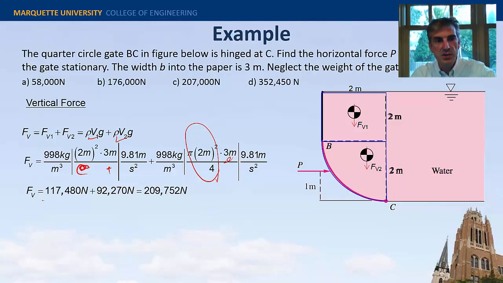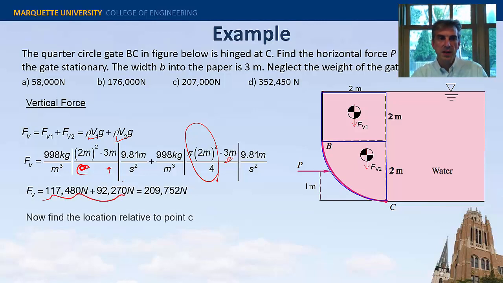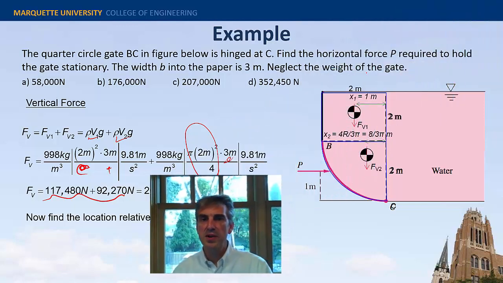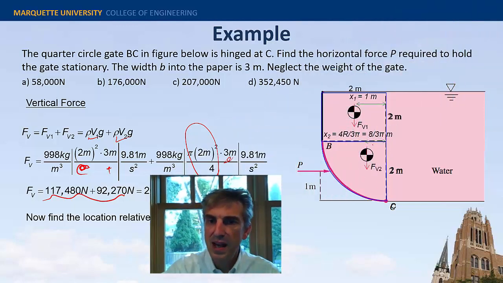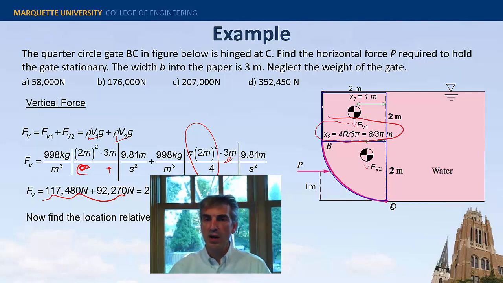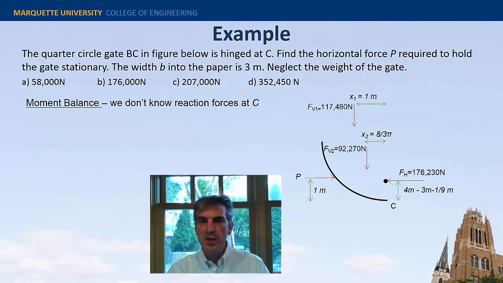And I calculate these two resulting forces. And then I need to know what their positions are. So for this symmetric shape, it's just 1 meter over if it's 2 meters across the top. And then for this guy right here, you may recall that the center of gravity is 4r divided by 3 pi. So this is my free body diagram of what it looks like.